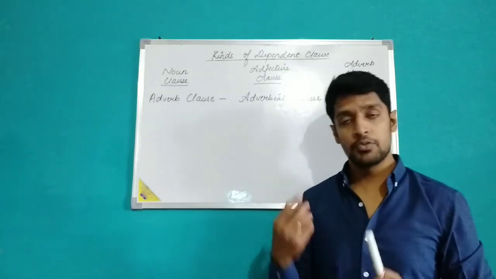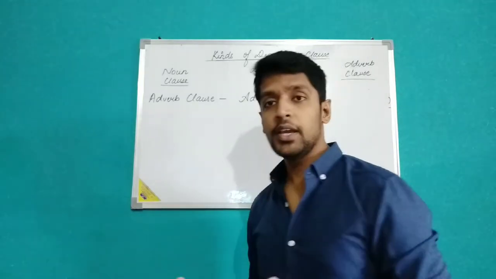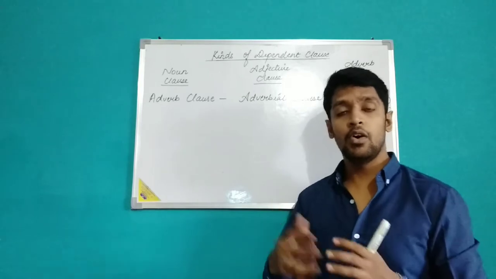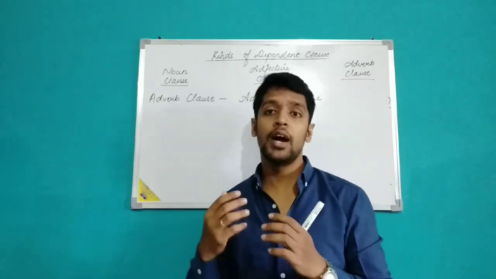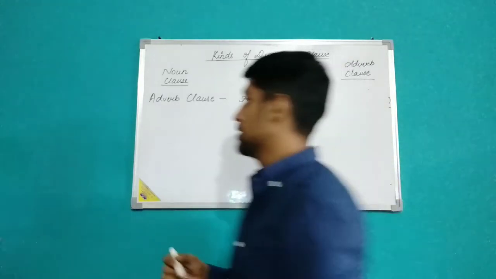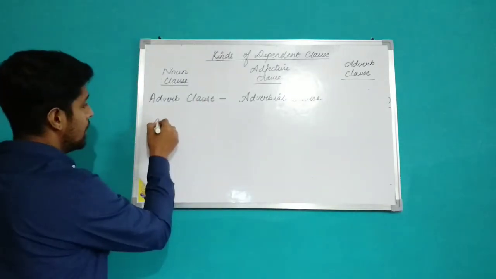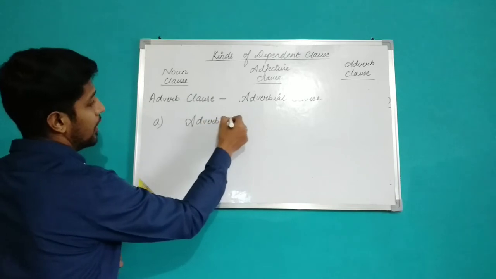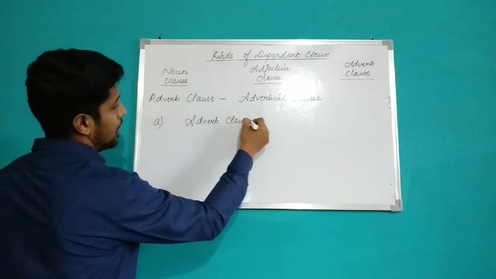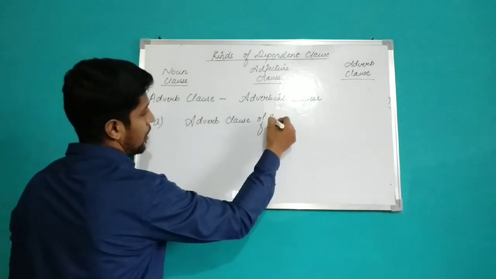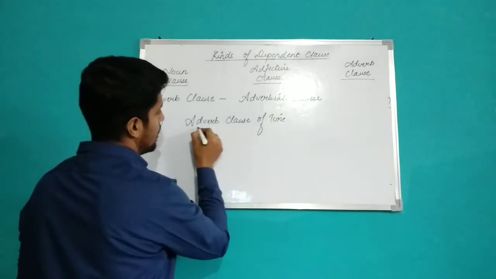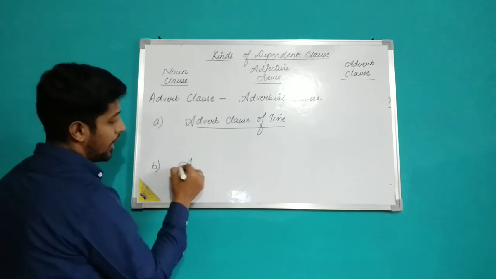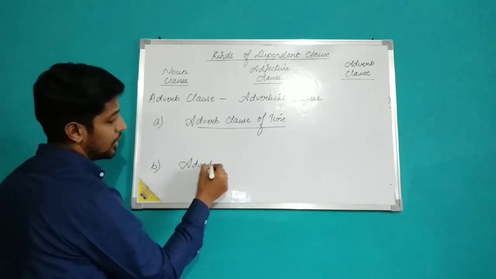Before taking examples, let's differentiate the kinds of adverbial clauses. The first one is adverb clause of time. The second one is adverb clause of condition.